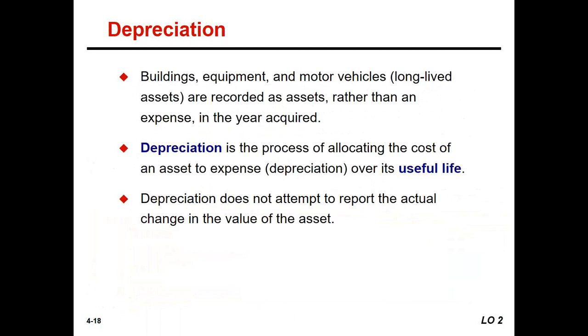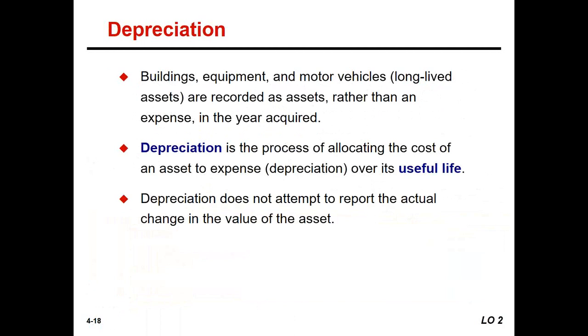But if they're being used in the business, why don't we make them an expense? Everything else we use in the business is an expense. Our supplies, our insurance, our rent, our utilities. We're using this. Why isn't it an expense? Because it will last longer than 1 year.